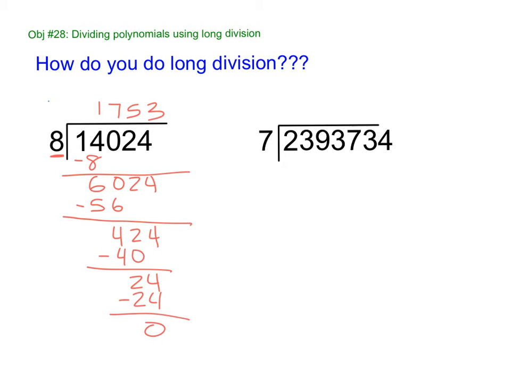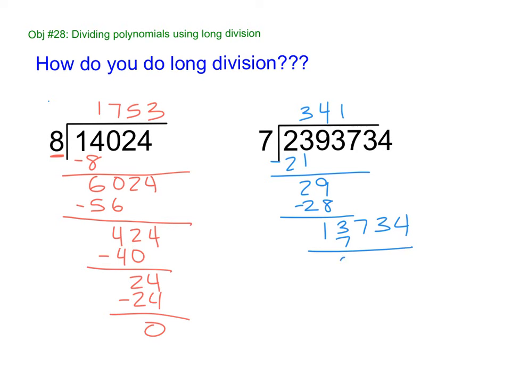7 goes into 23 3 times. We multiply. 7 times 3, and then we subtract. 7 goes into 29 4 times. We multiply. We subtract. 7 goes into 13 once. Multiply.